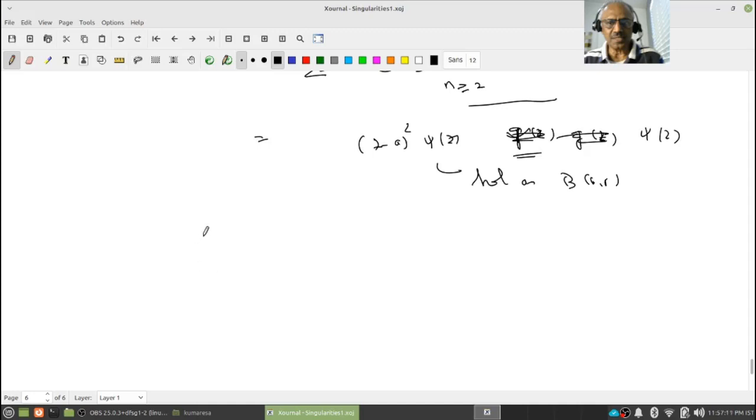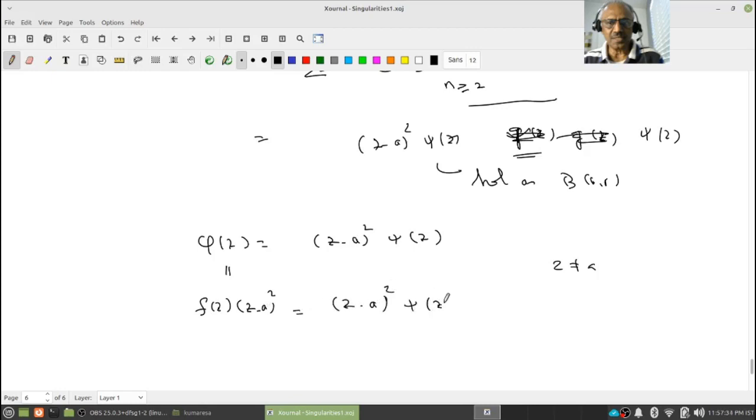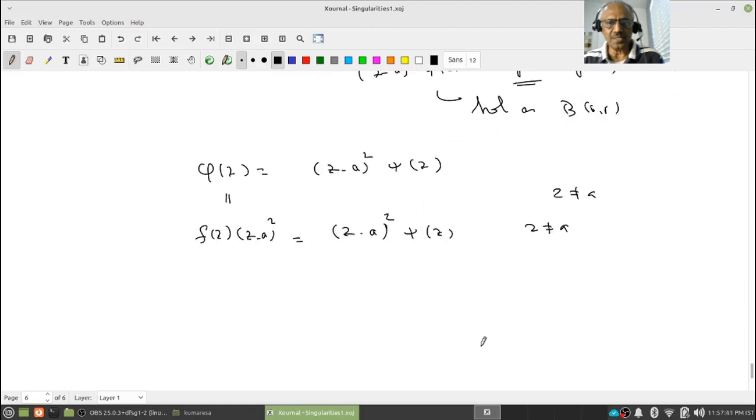Now what do I have? I have phi of z equal to z minus a whole squared into psi of z. But what is phi of z for z not equal to a? For z not equal to a, phi of z is f of z into z minus a whole squared. Have you understood this?